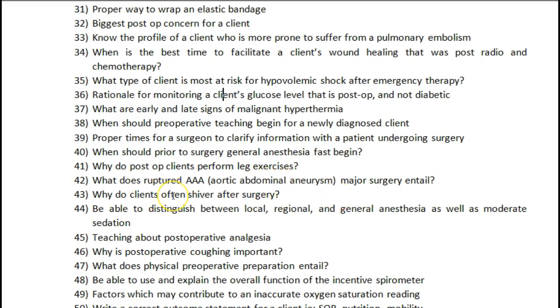Why does a ruptured aortic abdominal aneurysm entail major surgery? A major surgery like that would probably involve extensive reconstruction or alteration in a body part, and that poses a real great risk to the patient's well-being.